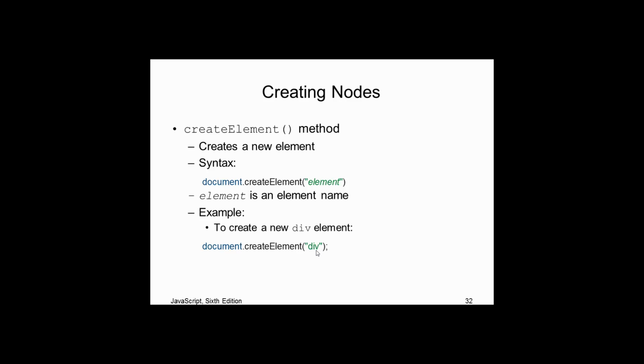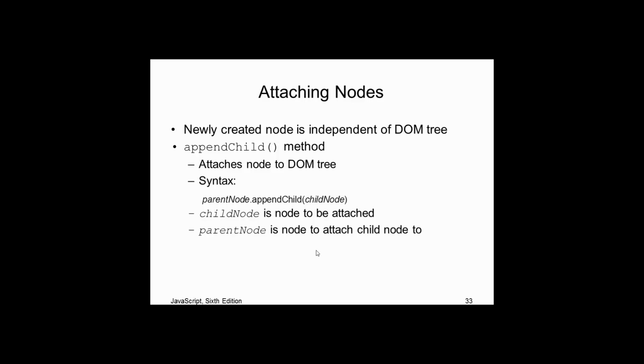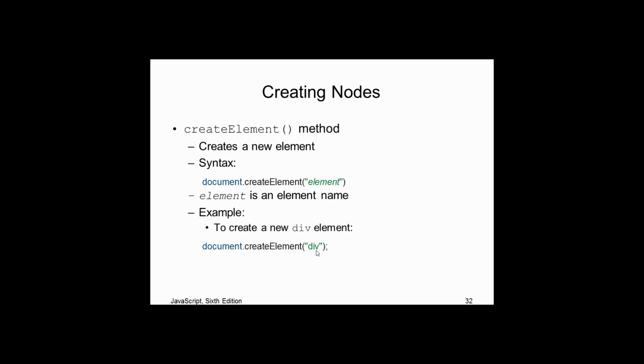Now, if it was just that simple, that'd be nice. But once we've created an element, we have to put it somewhere in the DOM. There are really 2 methods that are important when we talk about creating an element. Okay, we've created an element, but where do we put it in our document? In the hierarchy, where do we put it?